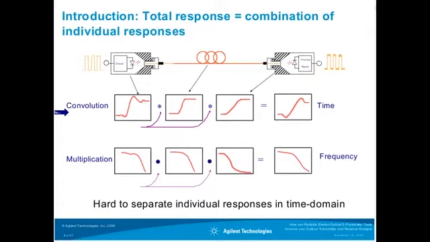In the frequency domain, the equivalent is not a convolution, it's a multiplication of the individual responses, and therefore, in order to separate the overall response into individual responses, it's much easier to do that in the frequency domain, because multiplications can be very easily divided up into individual responses. Therefore, an analysis in the frequency domain is much, much easier than in the time domain.